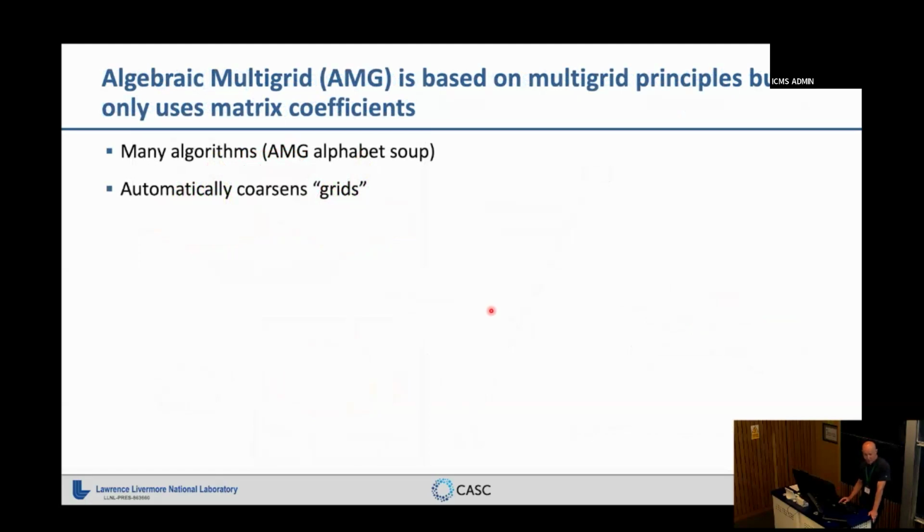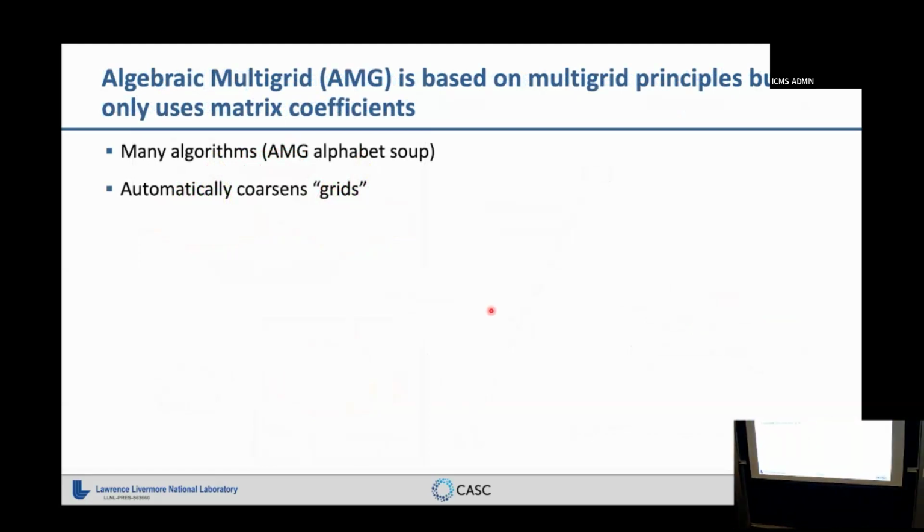Algebraic multi-grid is a big thing we do as well. And this is based on multi-grid principles, but the idea is to just use the coefficients of a matrix. So you don't have grids anymore. Instead, you have to use the graph of the matrix and coarsen that in some way with an algorithm. It has to be a parallel algorithm too.